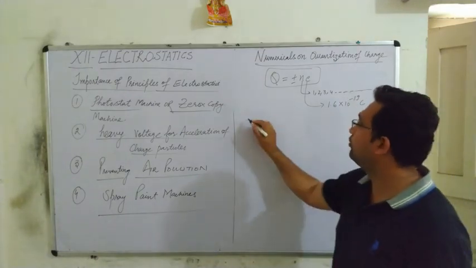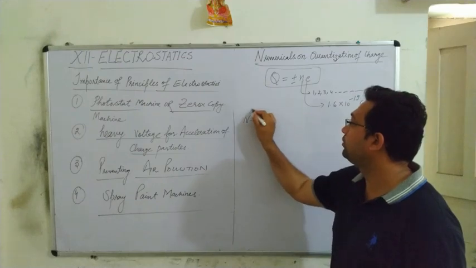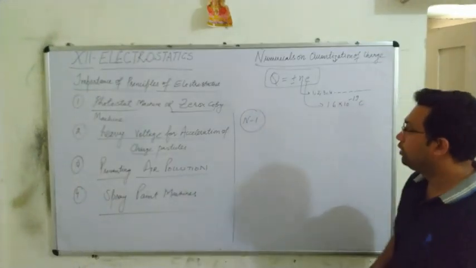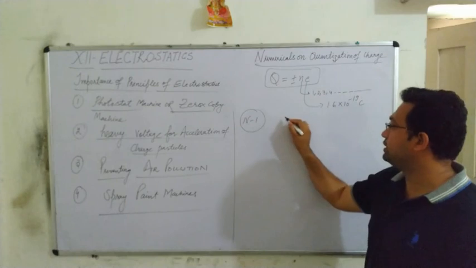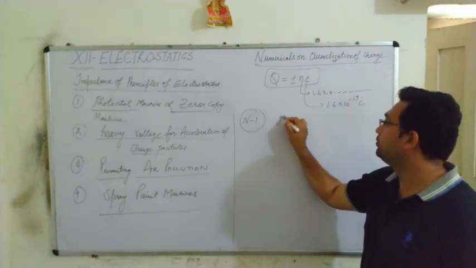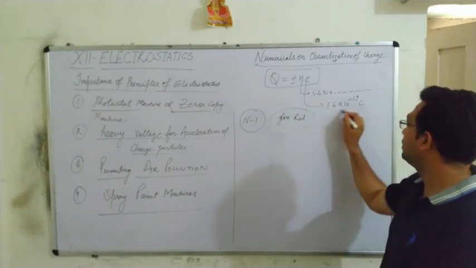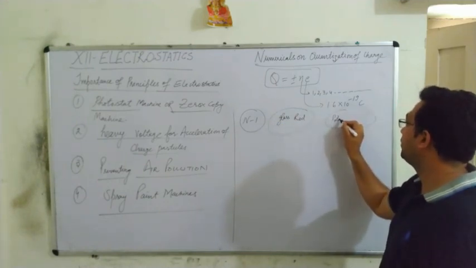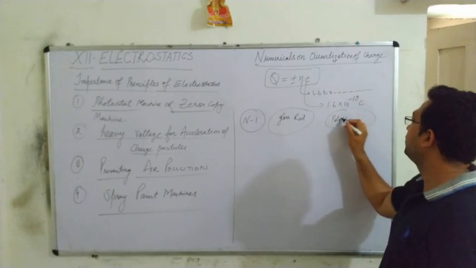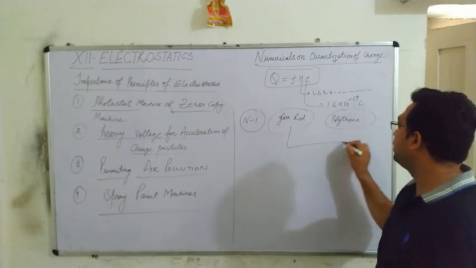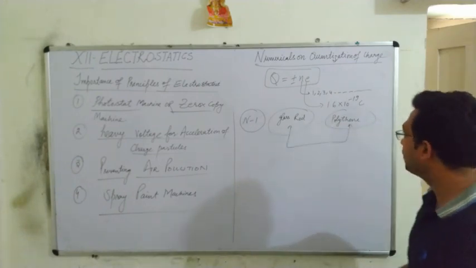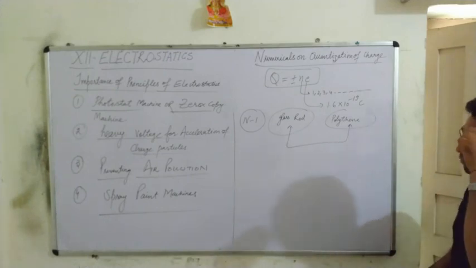Now you can take the first numerical. Now we have two substances, glass rod and polythene. Both are rubbed with each other, and after rubbing what do we get?